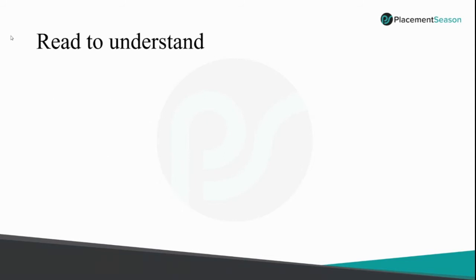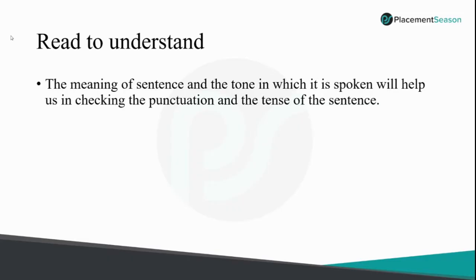So now coming to the part, read to understand. You have to understand why you have to read the sentence very carefully. Look at the meaning of the sentence and the tone in which it is spoken, checking the punctuation and the tense of the sentence. Sometimes the comma and the semicolon help you understand a lot of things about the sentence.